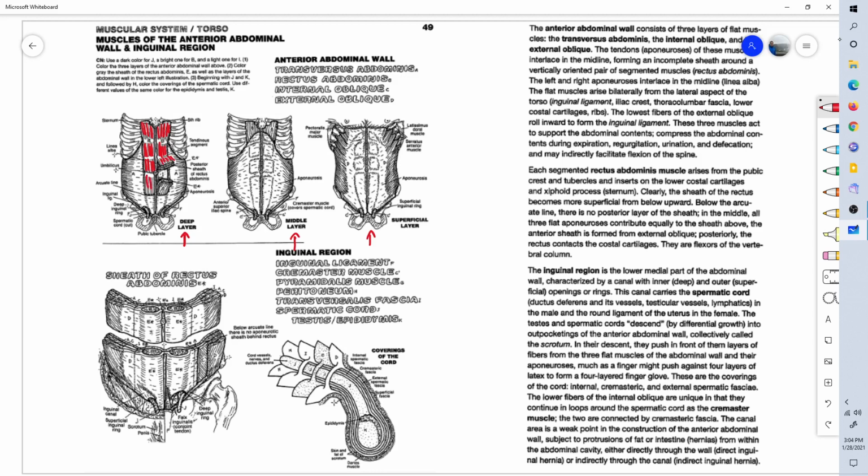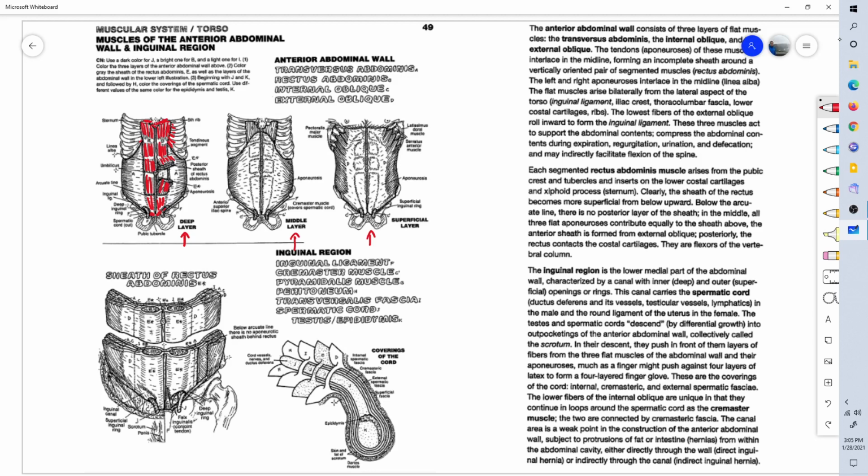And so you can see this straight muscle here attaching at the pubic crest here, originating at the pubic crest, and then inserting at the xiphoid process and the lower ribs. So the connection from the pubic crest here to the lower ribs and the xiphoid process of the sternum.